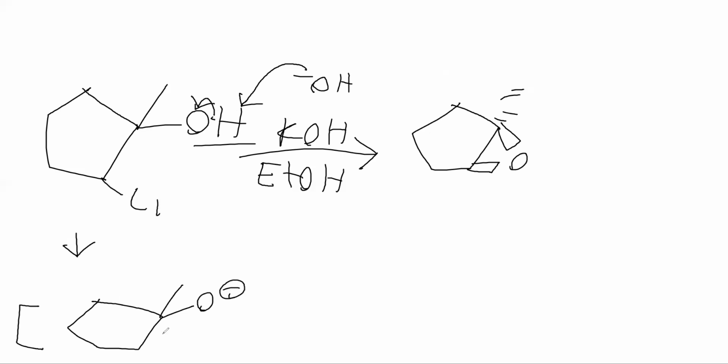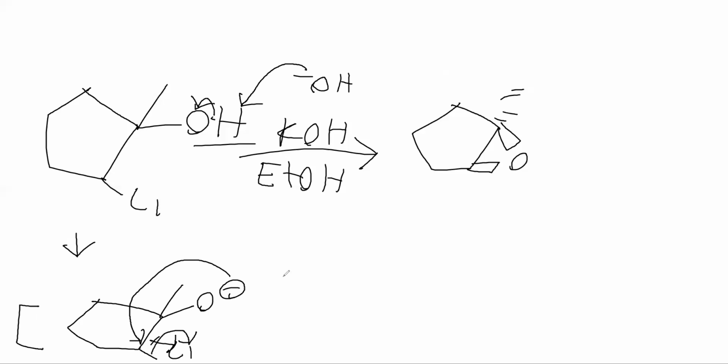So now the oxygen has a negative charge. Things with negative charges generally act as nucleophiles. That's something we know. And then this carbon bonded to the halogen, there's a dipole. So the carbon has a partial positive charge, so it can act as an electrophile. So this reaction can happen if the oxygen is the nucleophile and that carbon is the electrophile.